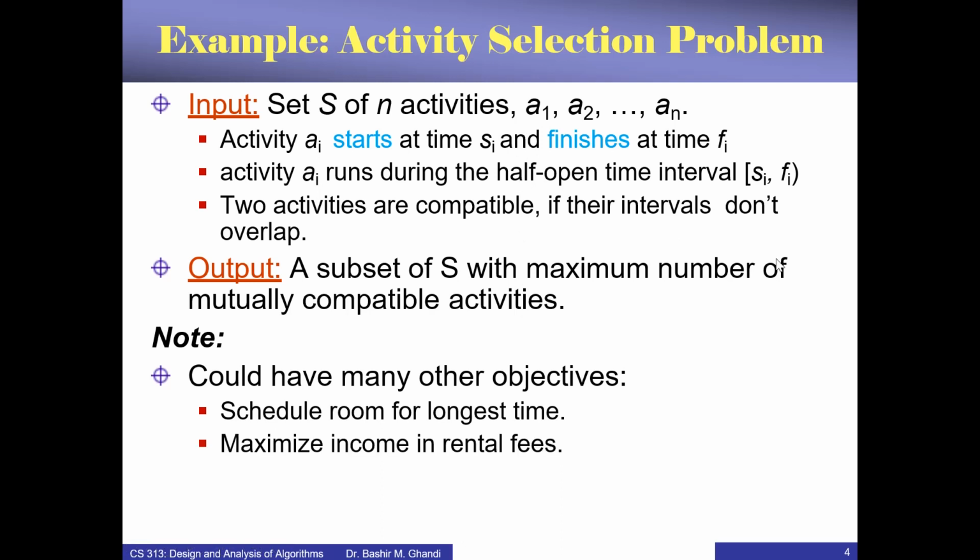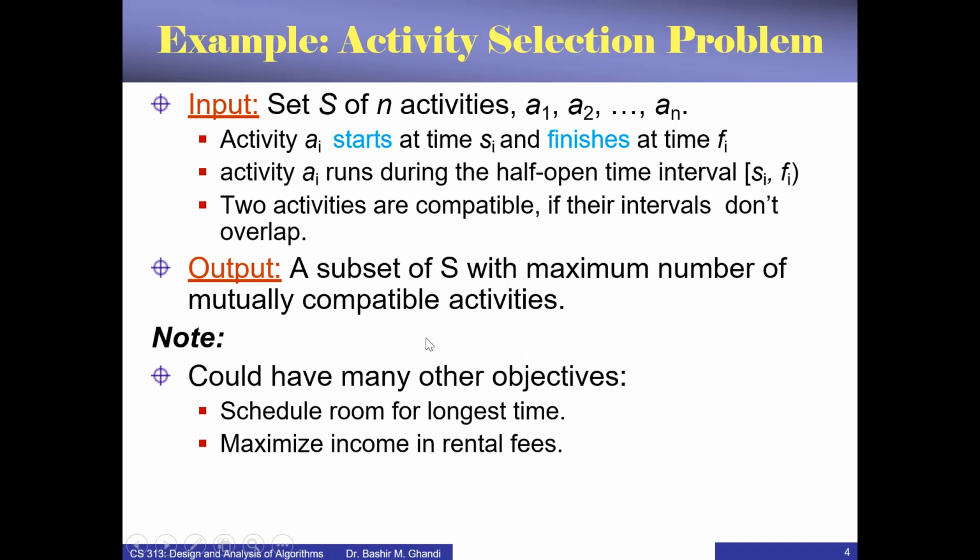Another objective could be, suppose the activities are not for free. That is, the scheduling of activities in the room is not for free. Each organization must pay a certain amount. So another objective could be to choose activities that will give you the maximum income in terms of the rental fees.